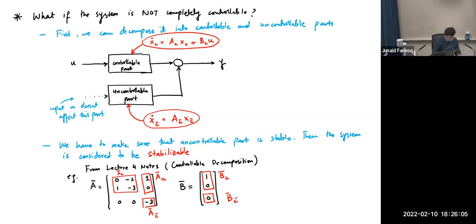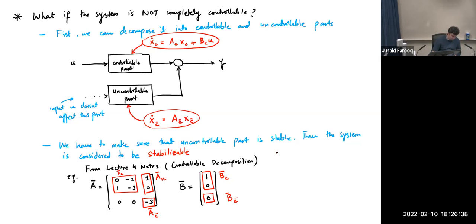Okay, so this was a decomposition of the original system, and in this case, I actually told you last time that X3 is uncontrollable, but luckily the matrix A that governs the uncontrollable part is -3. So the eigenvalue is again -3, and therefore the uncontrollable part is stable.